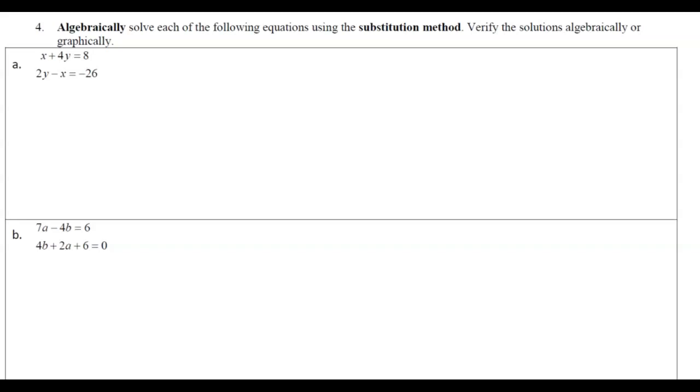The second one has negative x. So either one of those, but I'm not going to solve for y and use substitution for these because I would have fractions. That's when we're going to learn elimination next week to make ones that don't have any single terms.